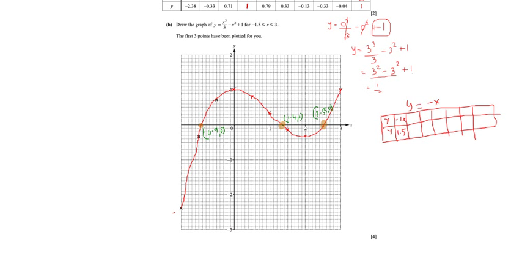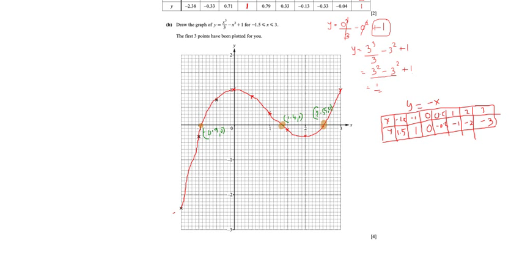When x is minus 1, y will be 1. When x is 0, y is 0. When x is 0.5, y is minus 0.5. When x is 1, y is minus 1. When x is 2, y is minus 2. When x is 3, y is minus 3. So I got all the points.